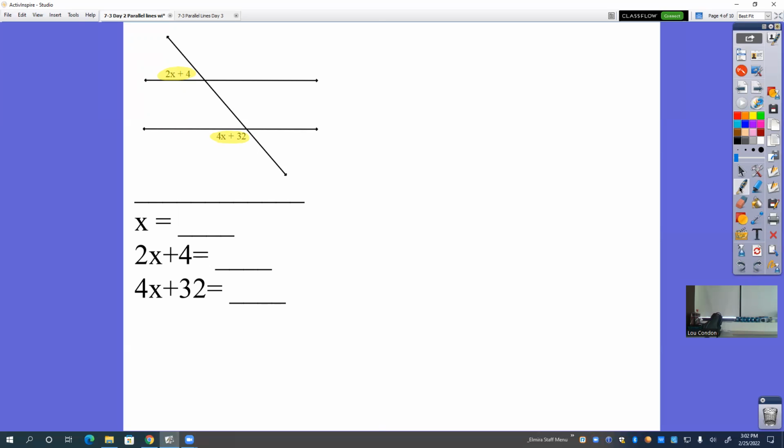We know that this angle is equal to this angle for corresponding purposes. So therefore, they have to add up to 180 degrees. So they are supplementary.